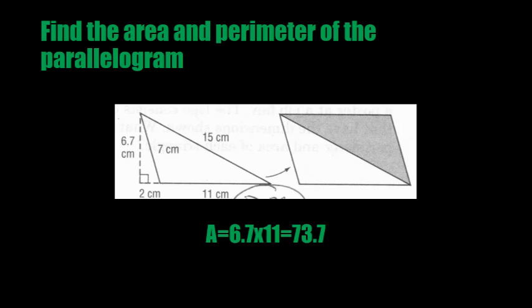So you can just do 6.7 times 11, which is 73.7. And then to get the perimeter, you multiply 7 times 2, so 14, and 11 times 2, which is 22. So your perimeter would be 36.